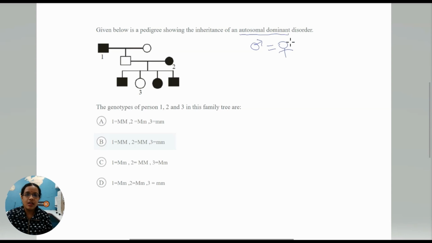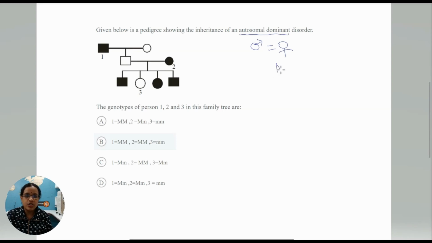For these diseases, the presence of the dominant allele, in homozygous form or in heterozygous form, is sufficient. Say, for example, capital M is the allele responsible for causing polydactyly.